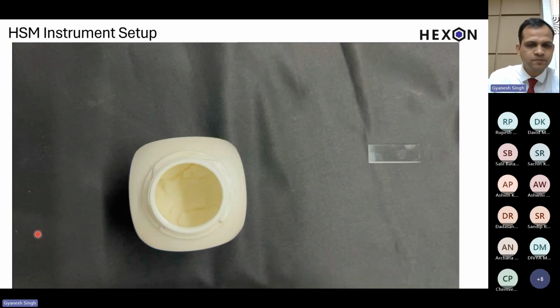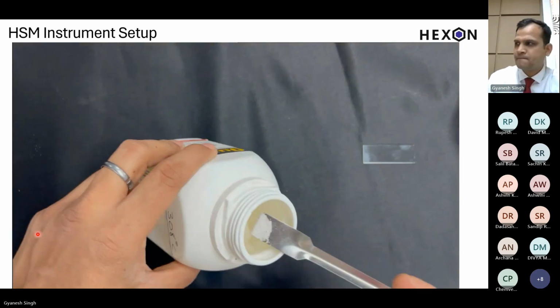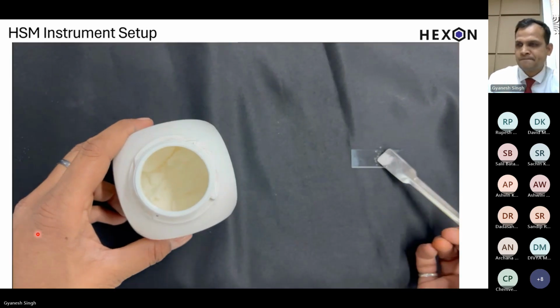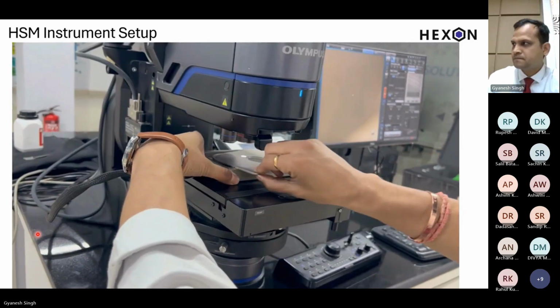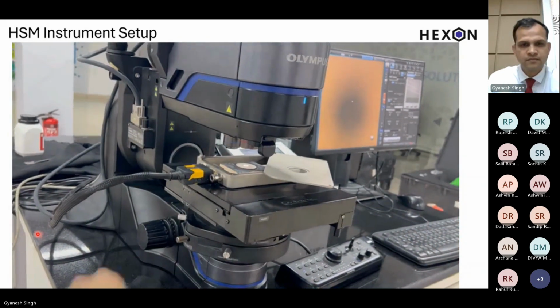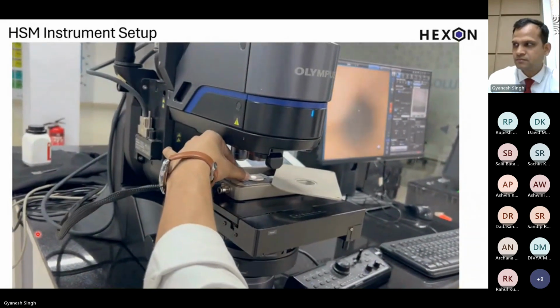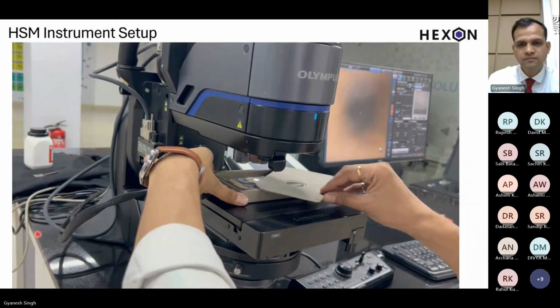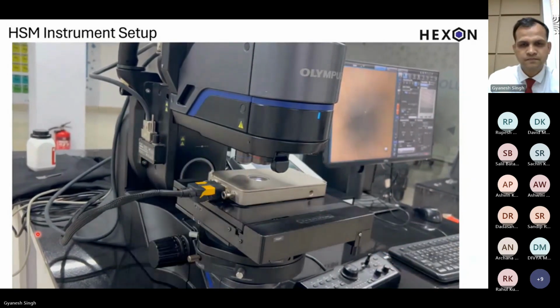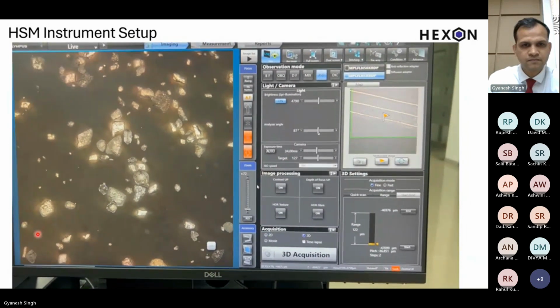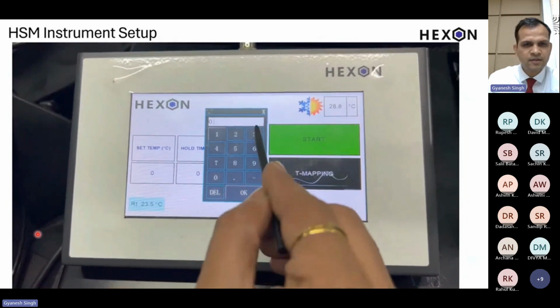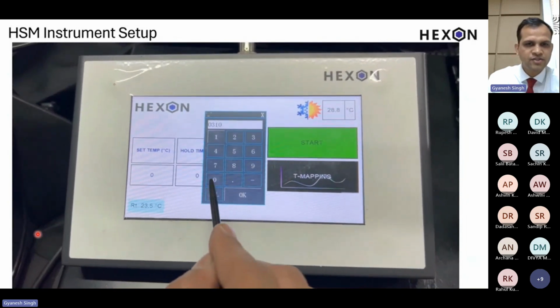It's a small video on how we are placing the sample on the hot stage. So now I'll set the target temperature to 310 degrees Celsius.